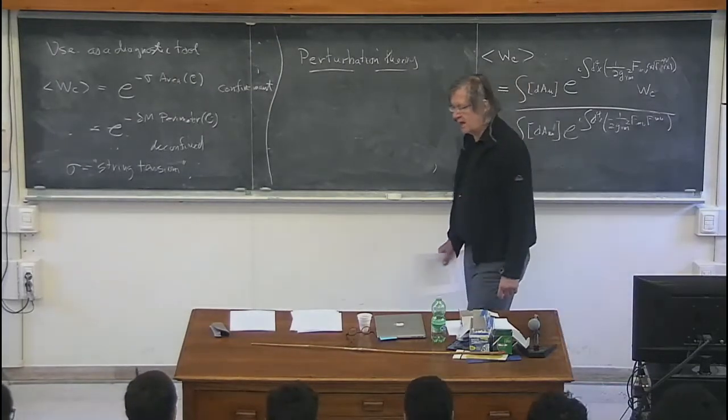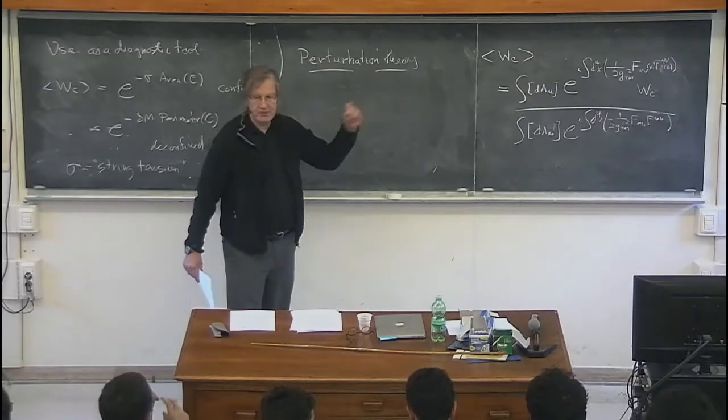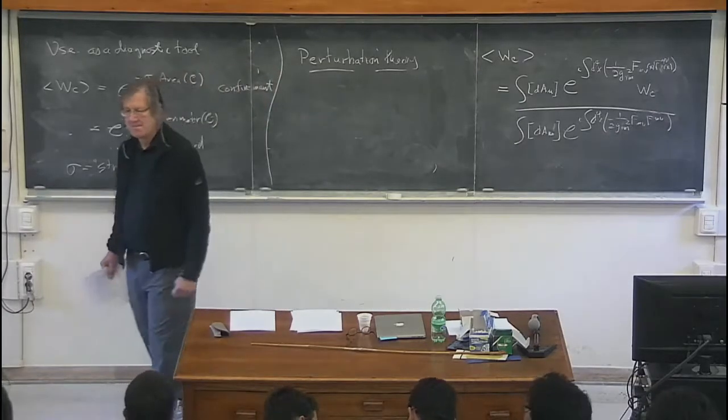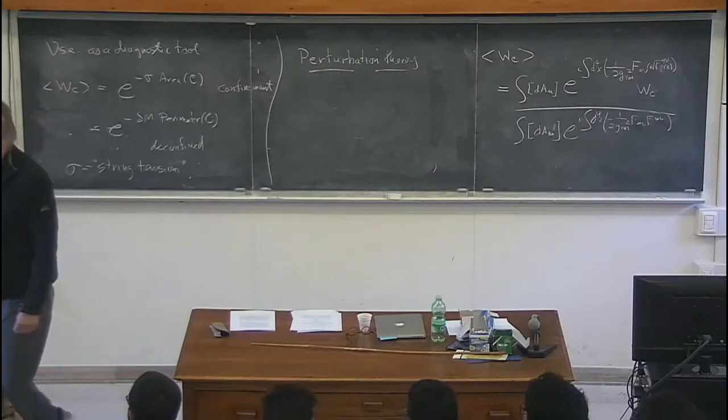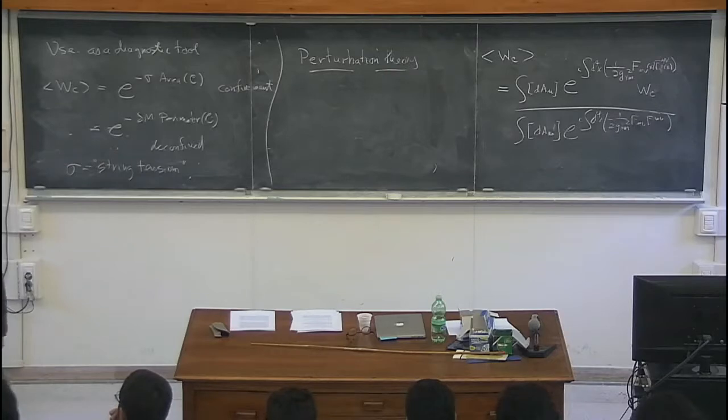Okay, so I had come down to discussing how to compute this thing. And really our only tool is perturbation theory. And perturbation theory is not very good, particularly for a confining gauge theory, for many reasons.